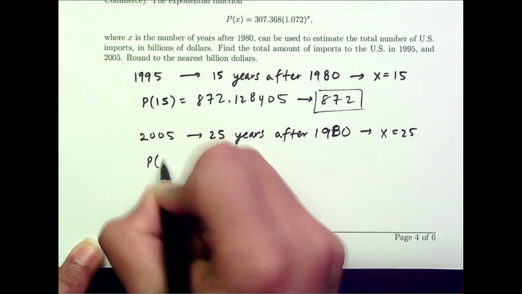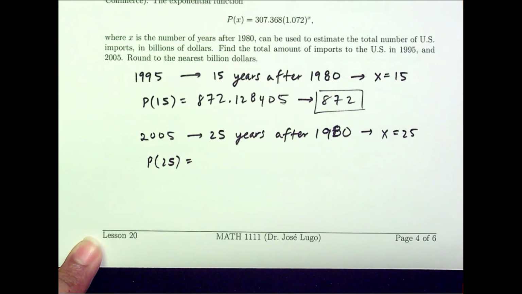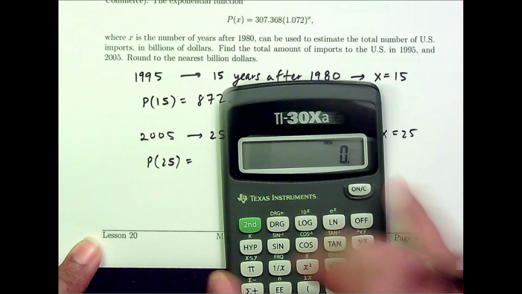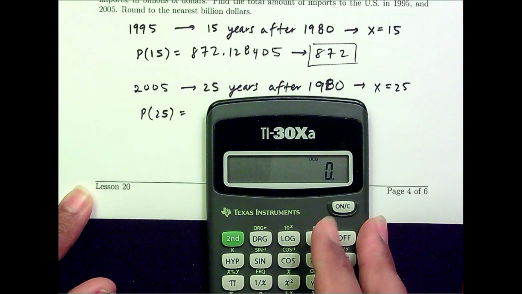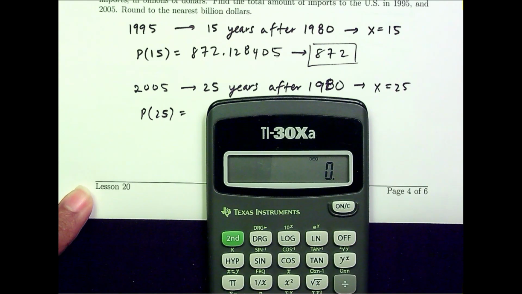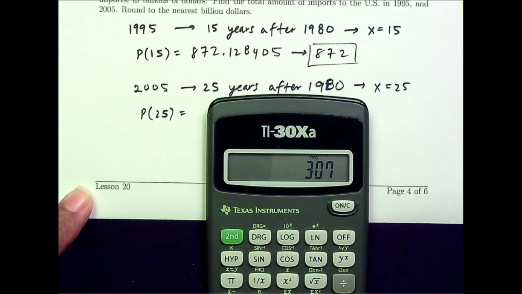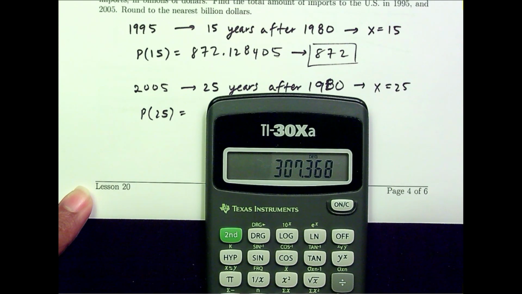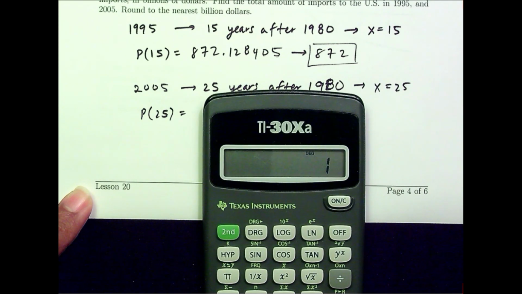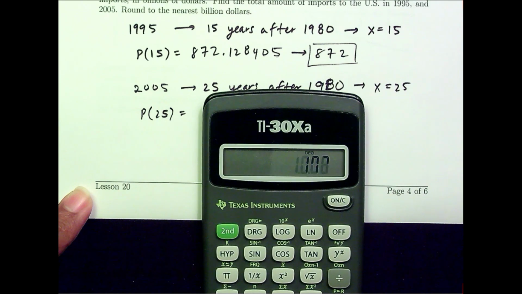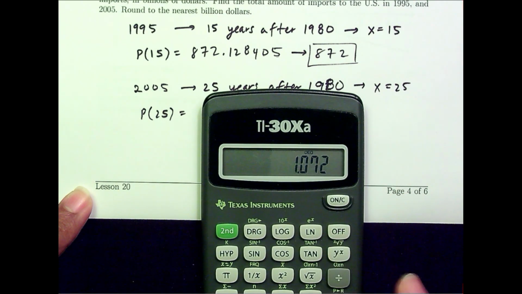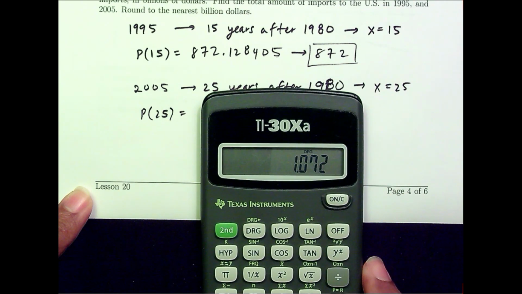Now let's plug in 25 and see what we get. So this is 307.368 times 1.072 to the 25.